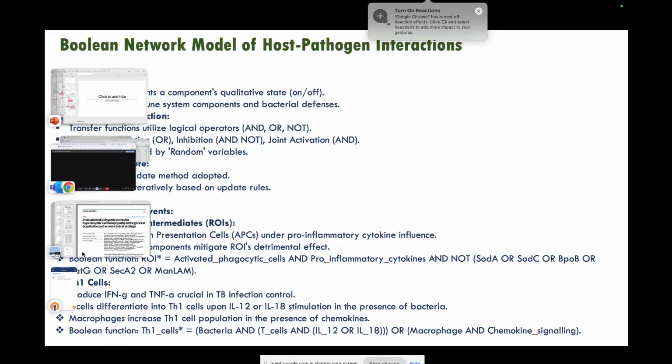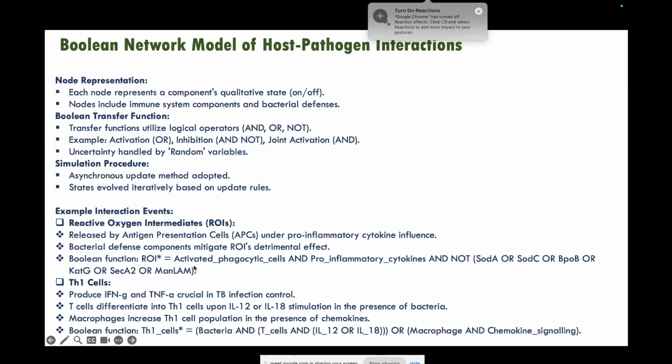So the Boolean function will be ROI equal to activated phagocytic cells and pro-inflammatory cytokines and not, these being your bacterial components. So SOD A, SOD C, BPOP, whatever these are, these are your bacterial elements. This is how you can represent each of the logics in the model.